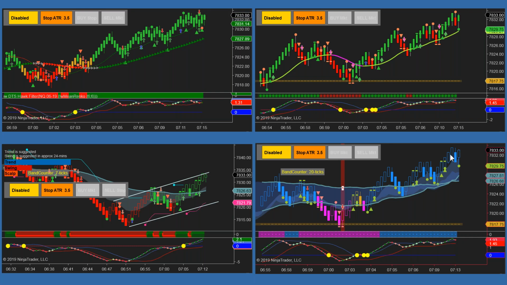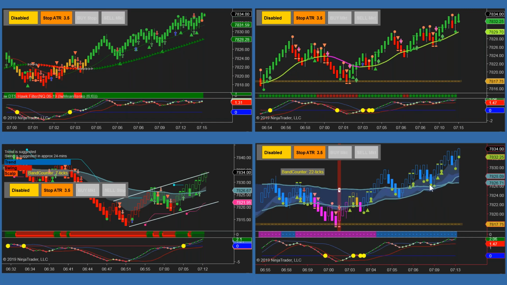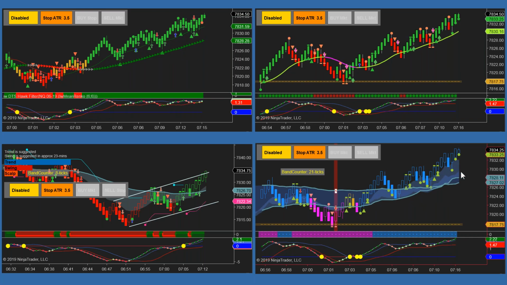What I would like to see at this point, now that the clouds here on the Raptor have crossed again, I would like to see a little bit of a pullback. The Raptor would give me a good opportunity to get long again.